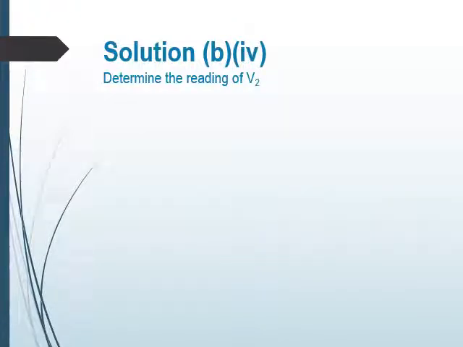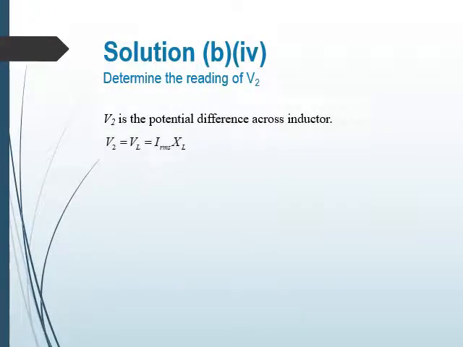Determine the reading of V2. V2 is the potential difference across the inductor. Therefore, V2 is equal to VL, which is equal to IRMS XL. So to determine the value of V2, let us determine the value of XL first. XL is equal to 2 pi FL. Substitute the values into the equation.